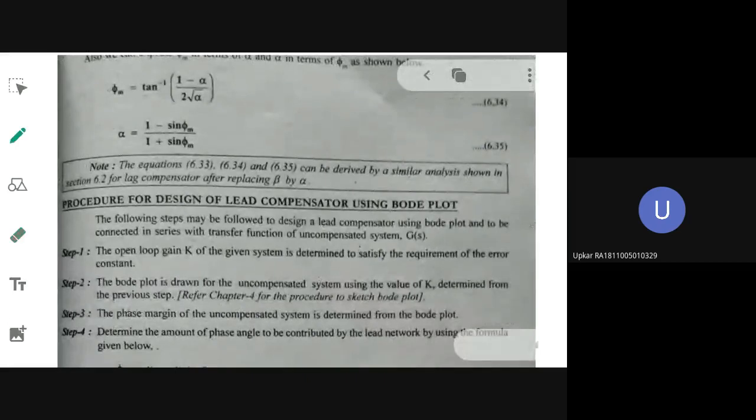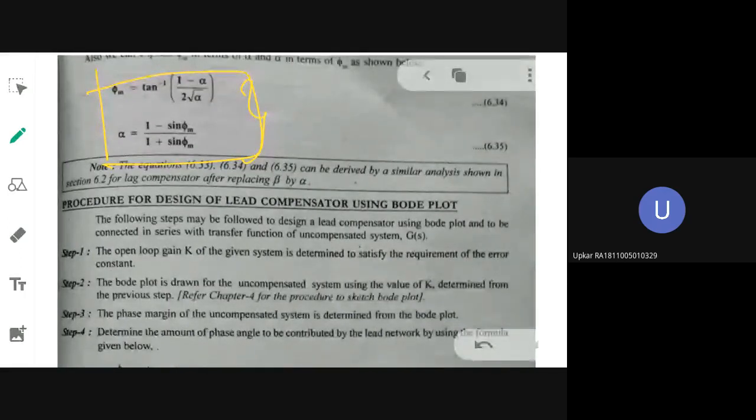What is the formula for phi m, and alpha you need to determine. Like you did in the lag compensator, in the same way you have to derive. By taking tan on both sides, you will derive the answer for phi m and alpha by means of the triangle. Then this completes the derivation. I am skipping the derivation because it is the same as that of a lag compensator.